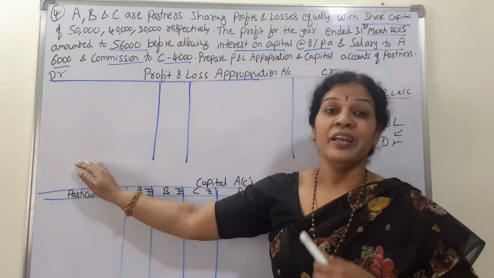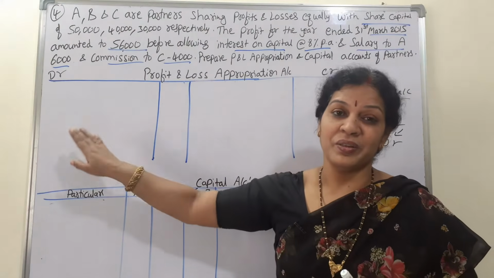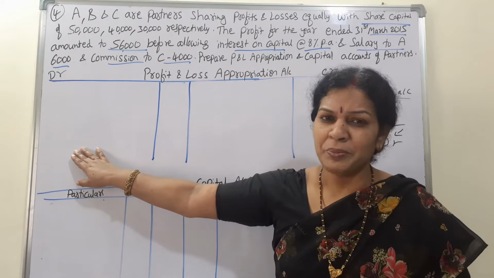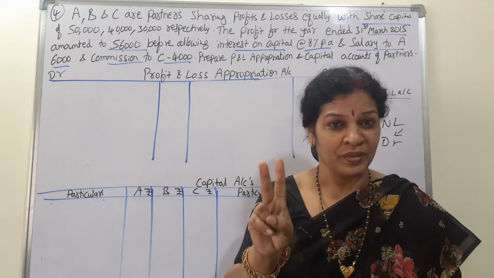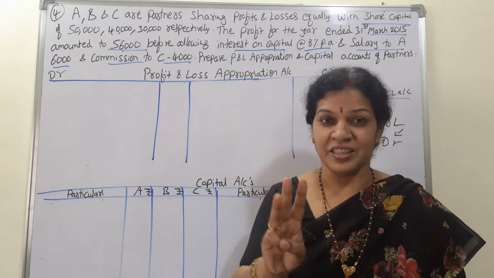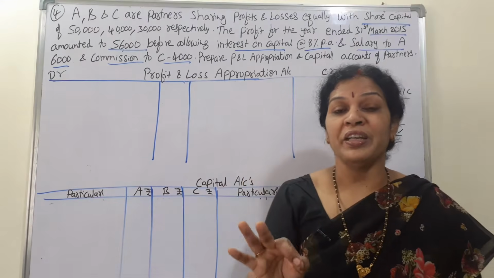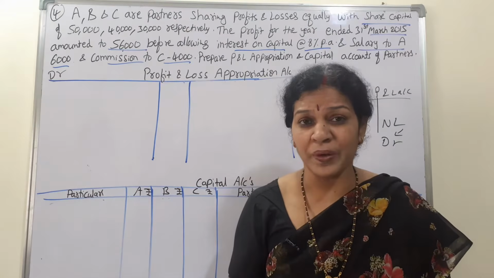Next, what else will we write? On the debit side, any amount to be paid to the partners we will write, because it's an expense for the partnership firm. What do we pay to the partners? One is interest on capital, another is commission or salary. These 3 things come on the debit side. Apart from that, you will write another amount, that is general fund, reserve fund.